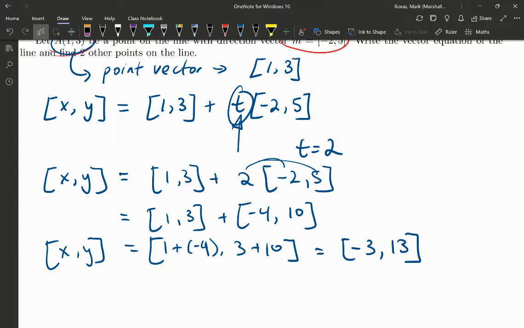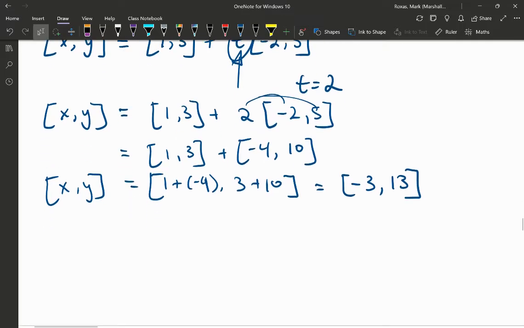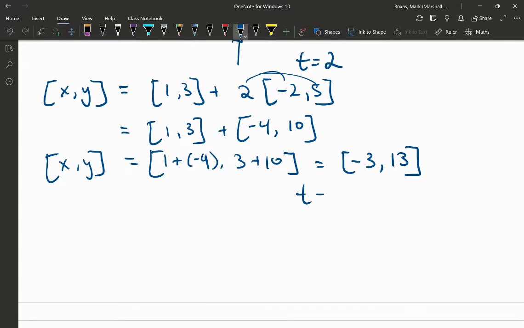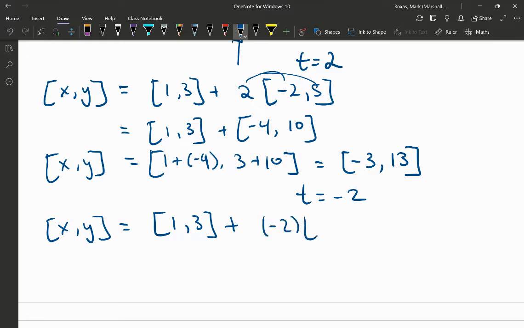I can make t a negative as well, so I could choose t equals -2, and we could say the point [x, y] is equal to the starting point [1, 3] plus -2 times [-2, 5], the direction vector. When I multiply them out, -2 times -2 is positive 4. 4 plus 1 is equal to 5 for my x component.